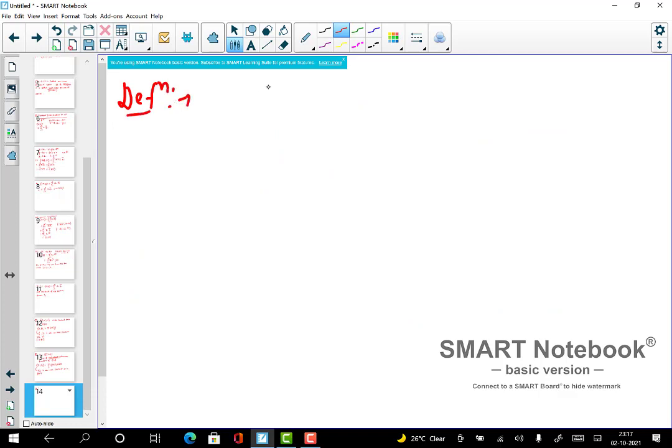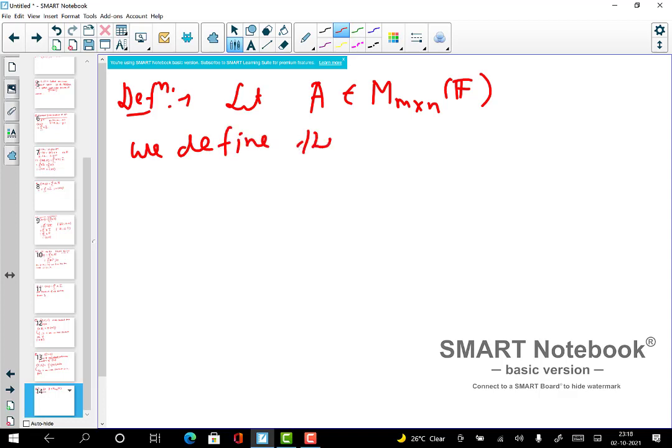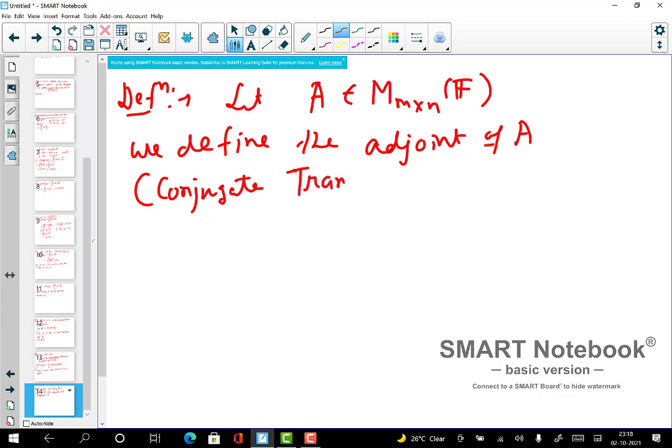So let A be a matrix, an element of the m cross n matrices over the field F, and then we define the adjoint of A. Some people also call it the complex conjugate transpose, but we will use the terminology adjoint.